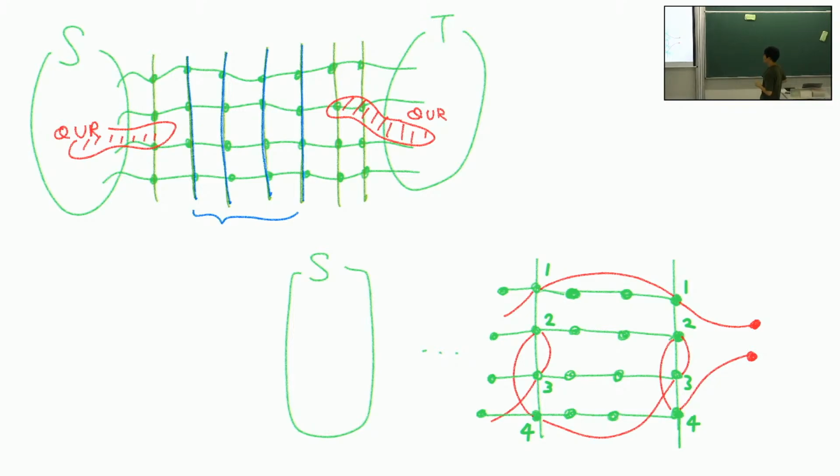So the number of separations is very large compared to this number of patterns. So we can find two distinct separations that have the same linking pattern. Then what we can do is reroute the red path using the green path.